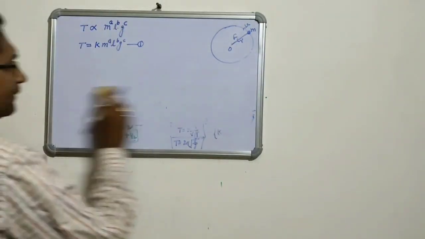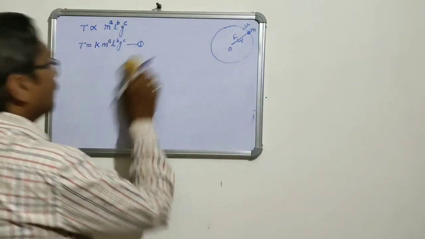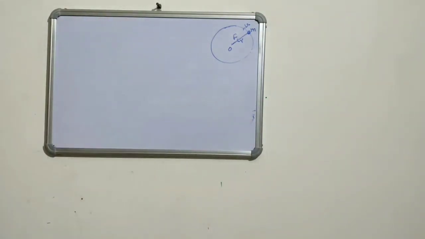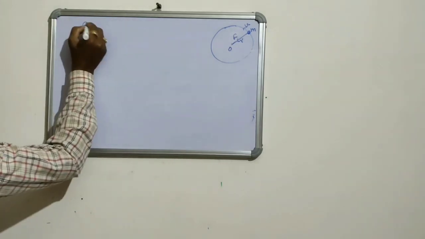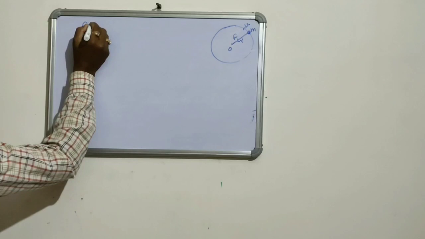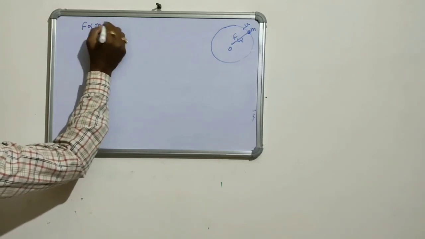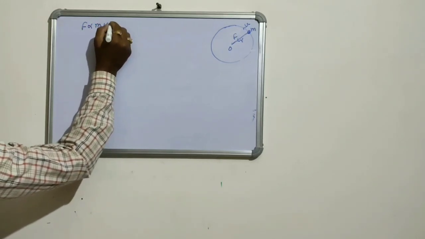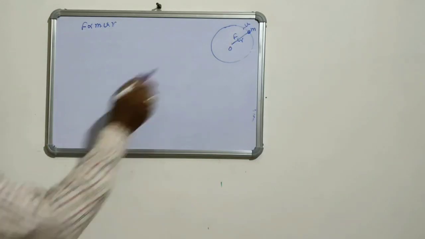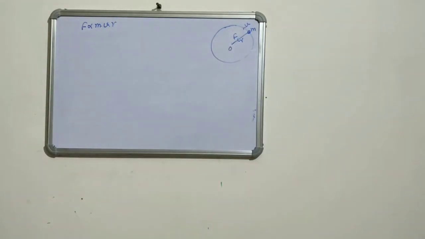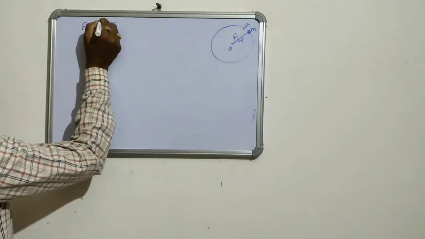Okay, then we can say the centripetal force depends on mass, velocity and R. Centripetal force depends on the mass of the object, the velocity of the object, and the radius, the distance from the center of the circular path.